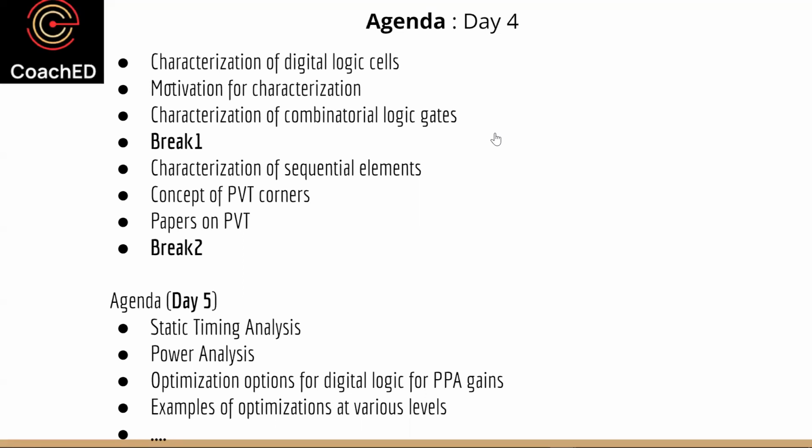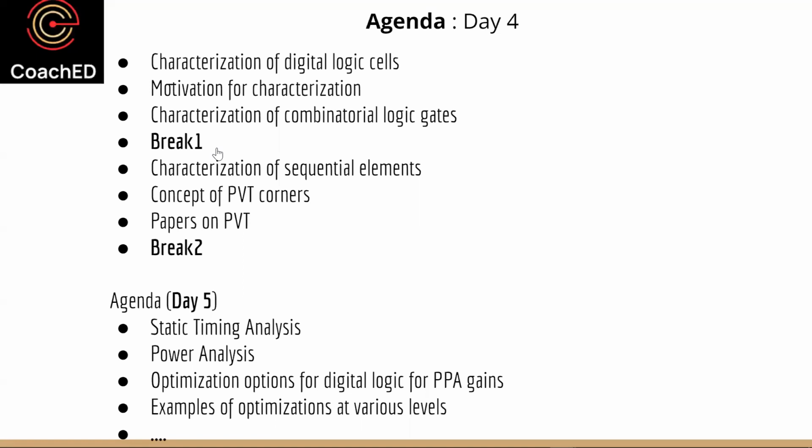And then I will also discuss the concept of timing arcs, which is a very basic but important concept to understand when we want to understand characterization and how some of these concepts may get used in static timing analysis and so on.